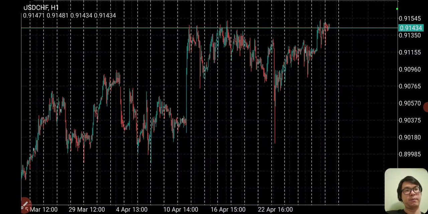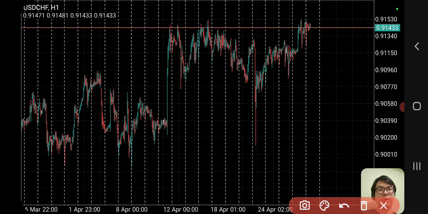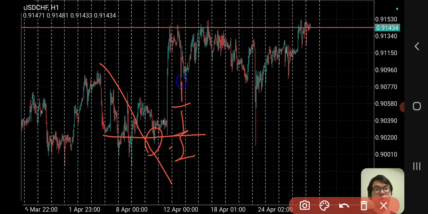US swiss. There's no obvious one, but we can see there is a previous one already complete. The dimension that's been completed is right here. Trend breakup, support, tested once with strong rejection, going 1 to 1, 1 to 2, 1 to 3.